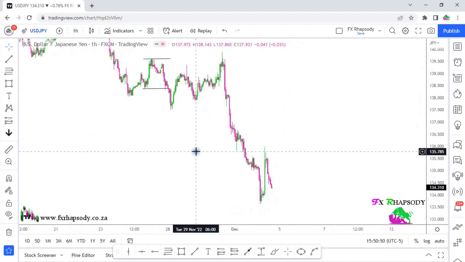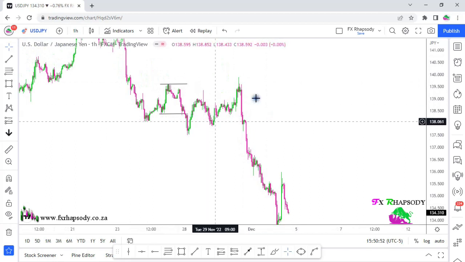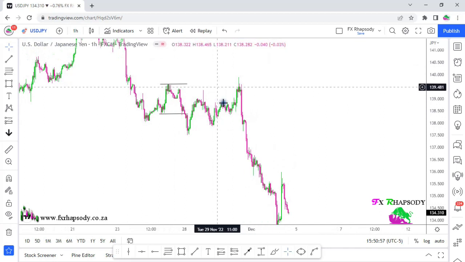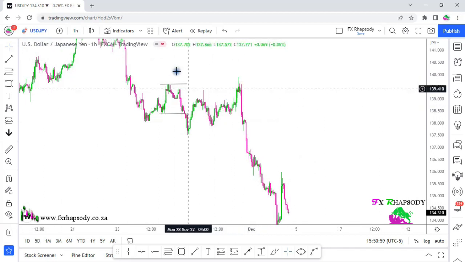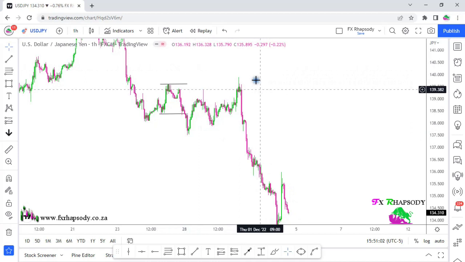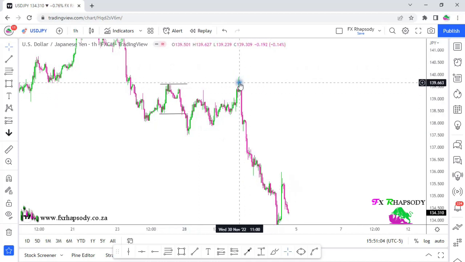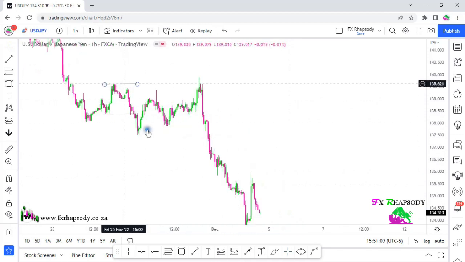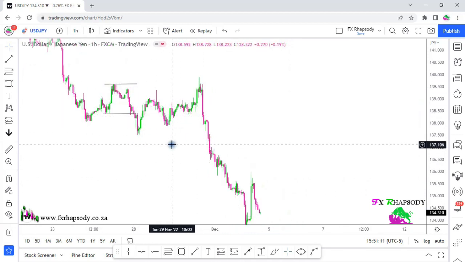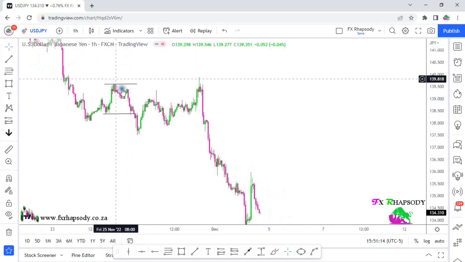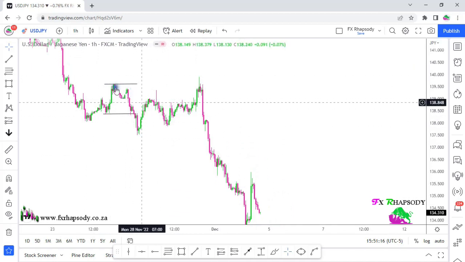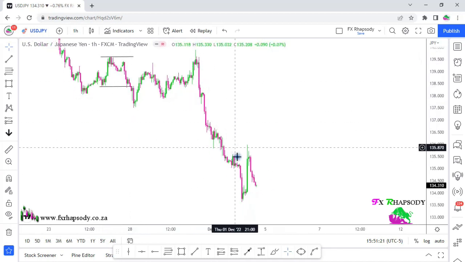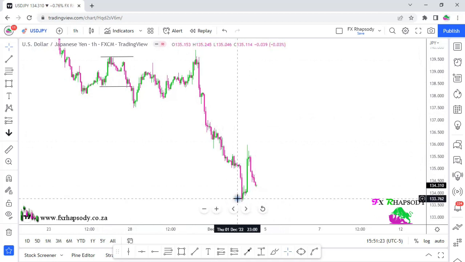But in all honesty, this currency pair did not produce any signals or any retracements, Fibonacci retracements, or fair value gaps to actually catch this big movement downwards. But in between all of this, there were a couple of trades, and I want to talk about the couple of trades that were there to be caught, and also why this movement downwards happened and why it ended up on this area over here.